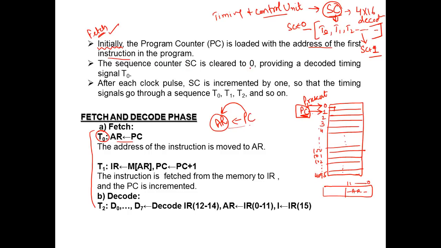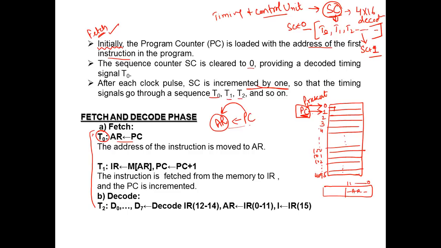The sequence counter is cleared to 0, providing a decoding timing signal. Now, after each clock pulse, the sequence counter is incremented by 1, so that the timing signals go through the sequence T0, T1, T2, and so on. So what is the next point here?